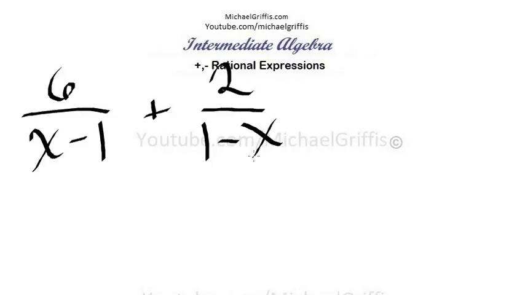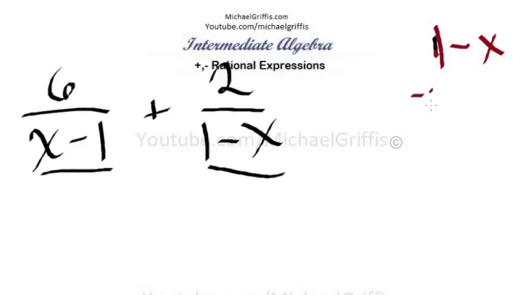Now, let's take a look at these denominators. x minus 1 is different from 1 minus x. But we're going to do a little trick. Let me just do some side work. We have 1 minus x. We can rewrite that.